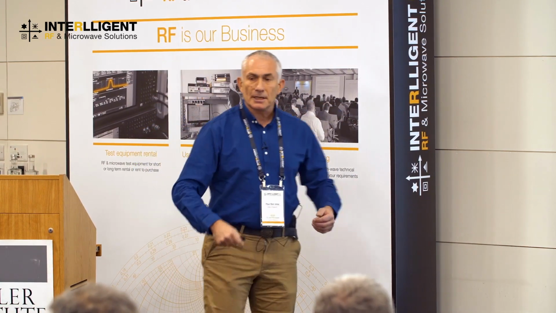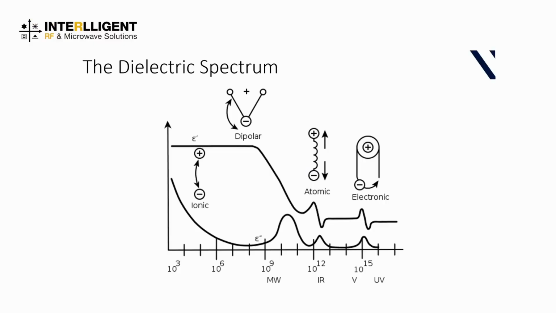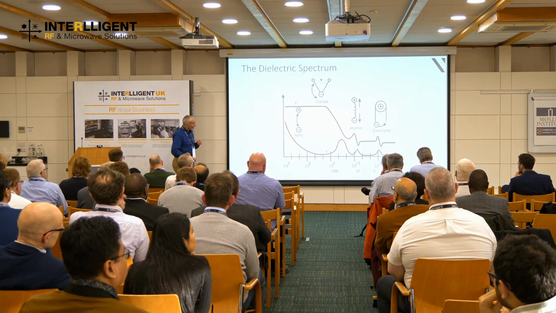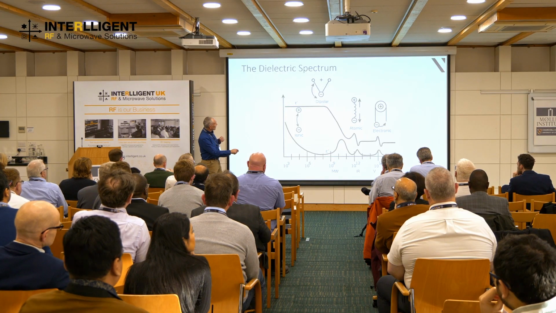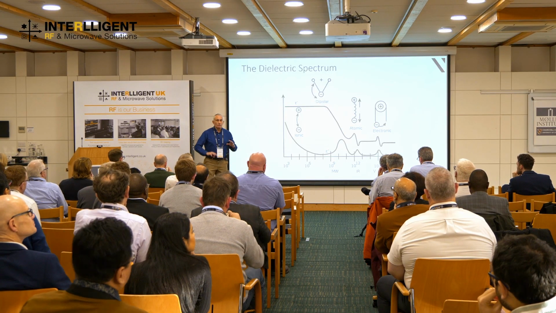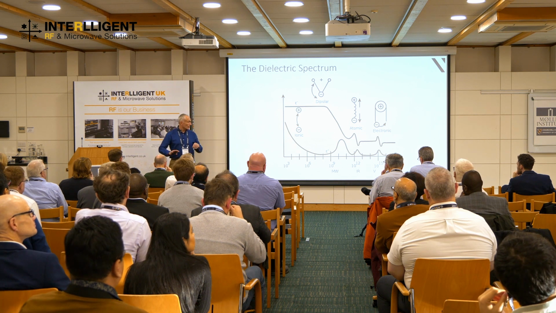Everything above that is really because of the local motions inside molecules themselves, stretching of bonds, for instance, or if we get somewhere optical, the actual deformation of the molecule by the electrons moving out and moving in. We're going to talk mainly on this area, which is really where I concentrate my work on.